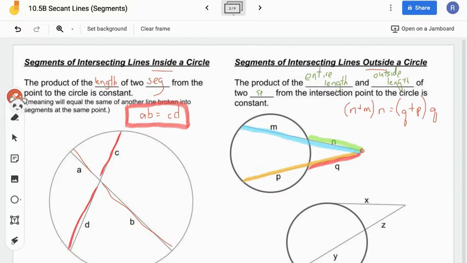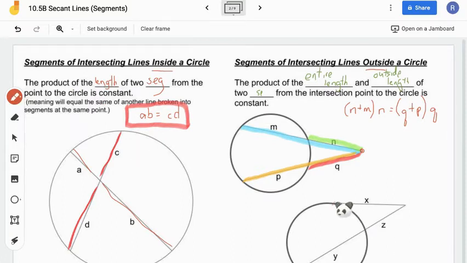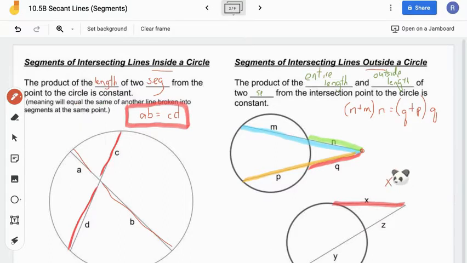Now, the second situation, you'll notice it looks a little bit different, right? The entire length is the outside part. And so in this situation, what we're going to have is x squared. It's basically saying the same thing. What's the entire length? Well, this entire segment is x, times the part that's outside, x.